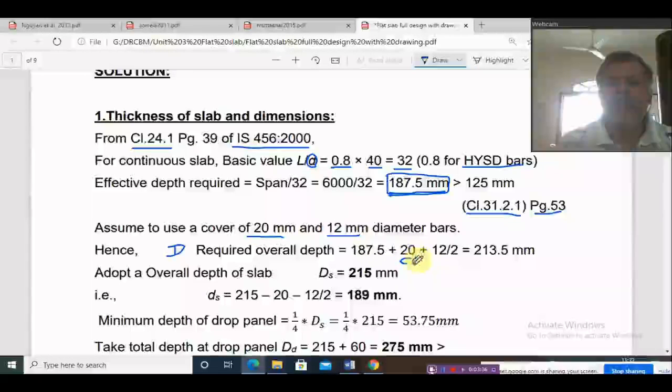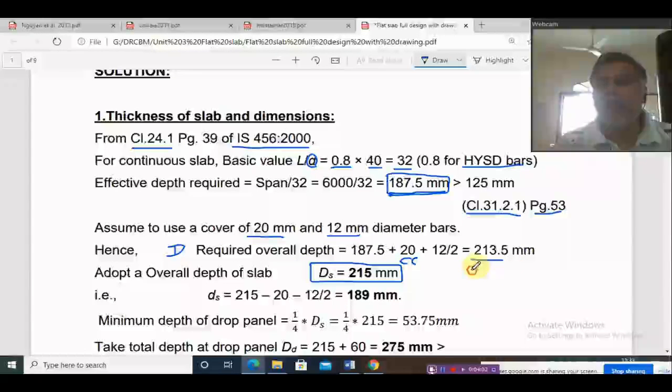Clear cover assumed as 20 mm, diameter of the bar assumed as 12 mm. So finally I will get the overall depth required as 213.5 mm. And round off to the nearest value. I will adopt an overall depth of the slab as 215 mm.